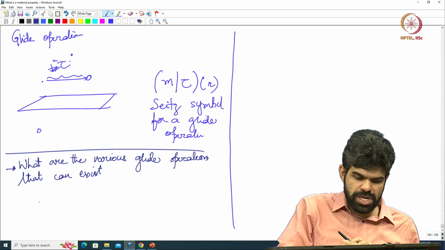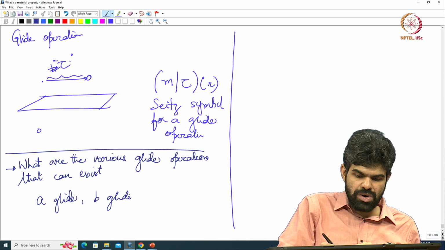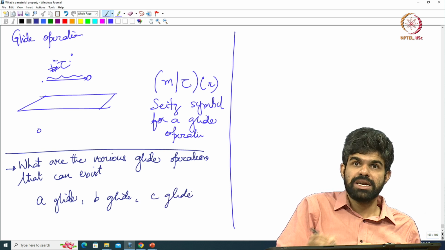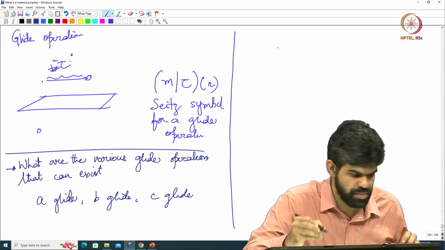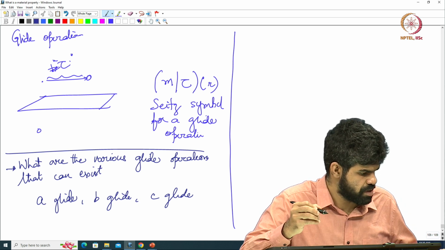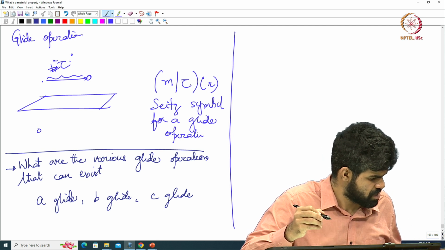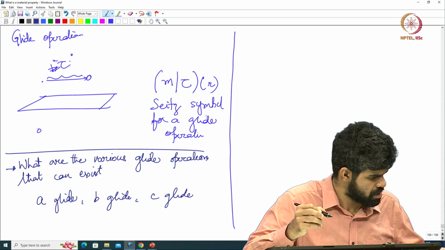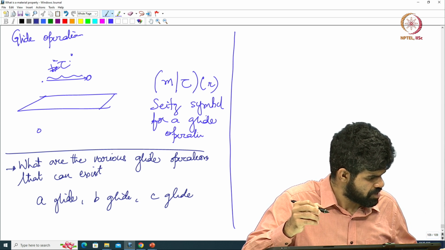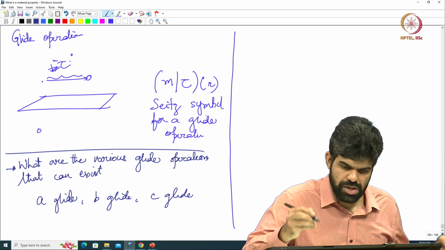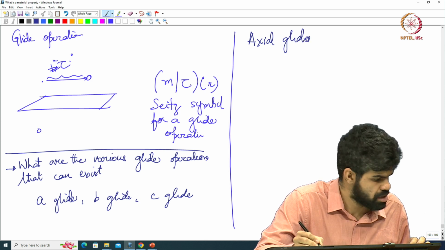So I can do what is called an A glide or a B glide or a C glide, right. Now, effectively I have a mirror. So, these are what are called axial glides. Okay.